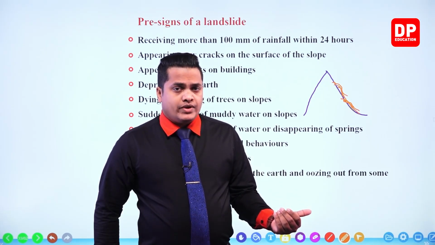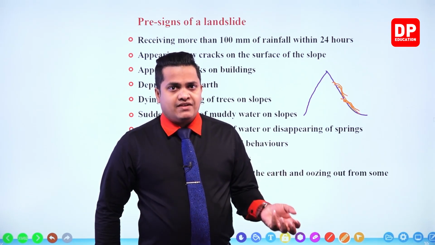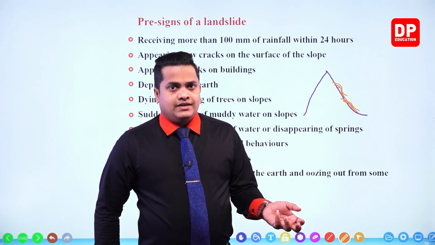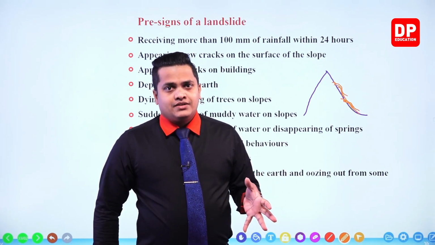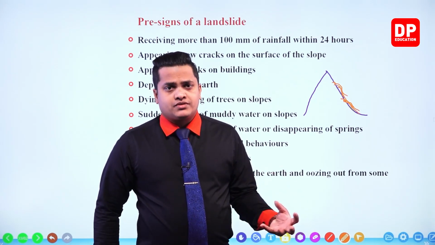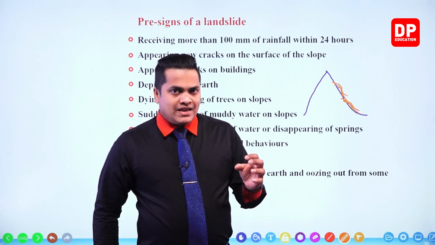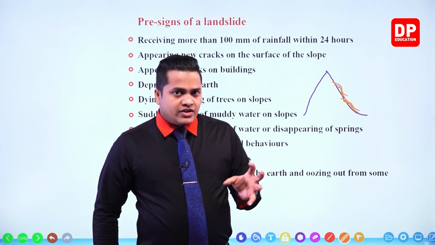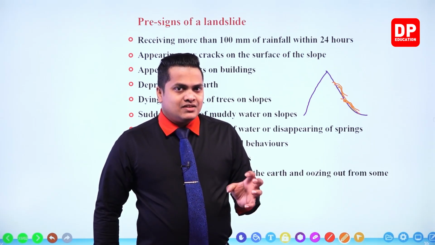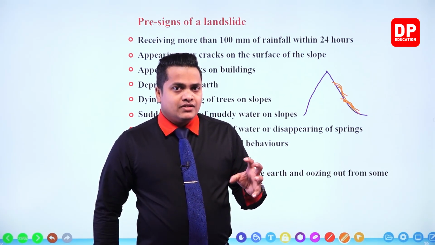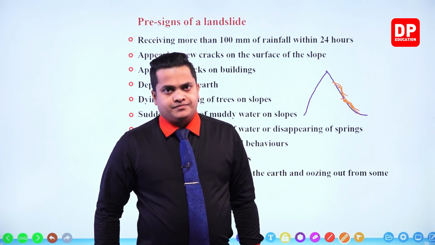Before an earthquake occurs, different animals show abnormal behaviors, right? In the same way, during a landslide, different animals, especially dogs, show abnormal behaviors. So by monitoring these abnormal behaviors also, we can decide whether a landslide or any natural disaster is going to occur in a certain environment or not.